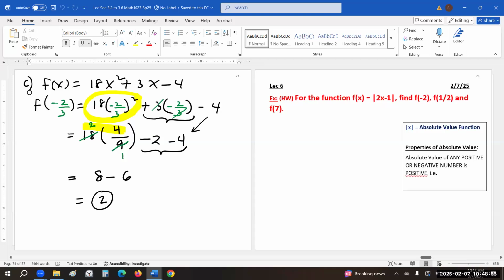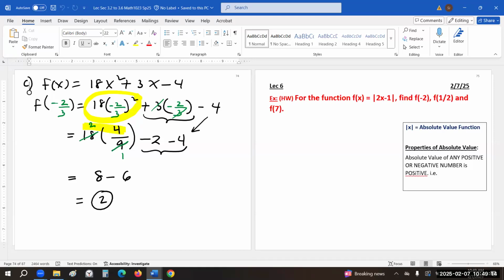So today we're going to start with a new type of function. It's called the absolute value function. What the absolute value function does is, if you input anything inside the absolute value machine, that number always comes out to be a positive number.